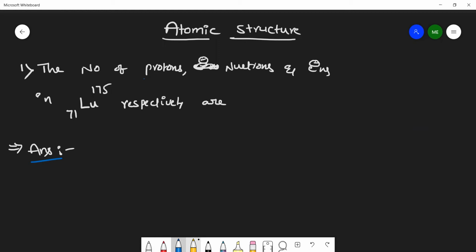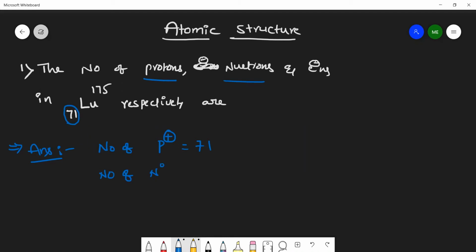First, what is being asked? The number of protons. The number of protons is equal to the atomic number. How much is the atomic number here? 71. Next, they have asked the number of neutrons.